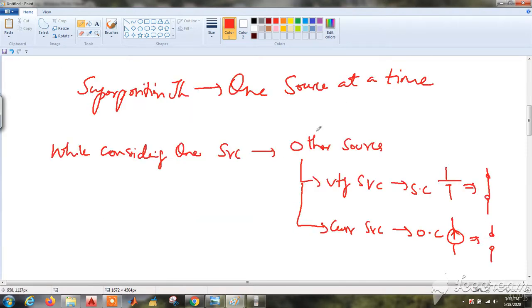While considering one source at a time, the other sources which we are not considering, if they are voltage sources, should be short circuited like this, and if they are current sources, they must be open circuited.